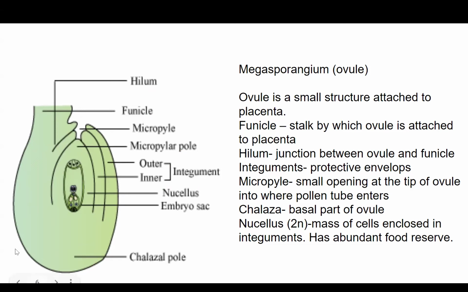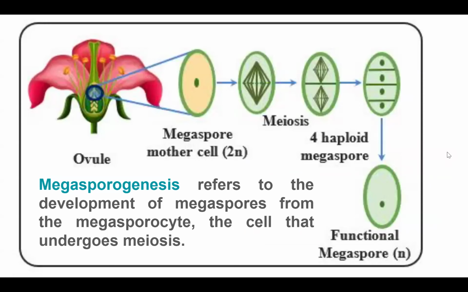Now coming to megasporogenesis. Megasporogenesis refers to the development of megaspores. Microsporogenesis is the formation of pollen grains from the microspore mother cells, and megasporogenesis is the development of megaspores from the megasporocyte, the cell that undergoes meiosis.